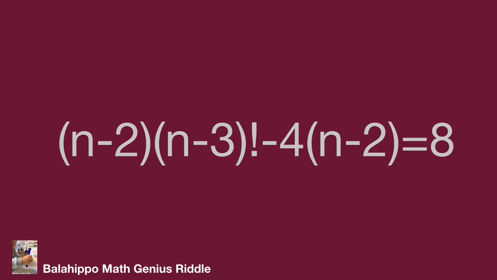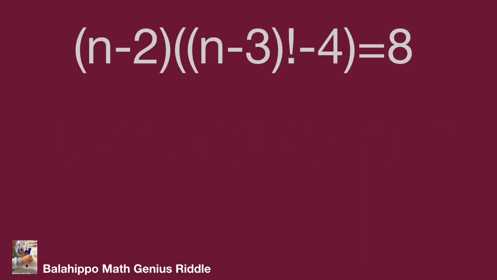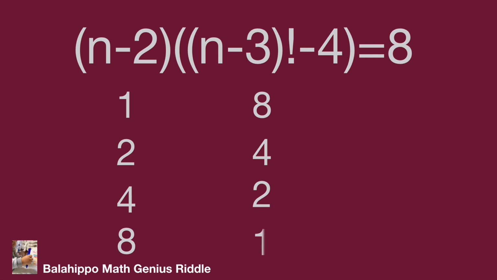Factorize the left side as (n−2) multiplied by ((n−3)! − 4) equals 8. n is a positive integer. To get the result, it could be n−2 equals 1 with (n−3)! − 4 equals 8, or n−2 equals 2 with (n−3)! − 4 equals 4, or 4 times 2, or 8 times 1.